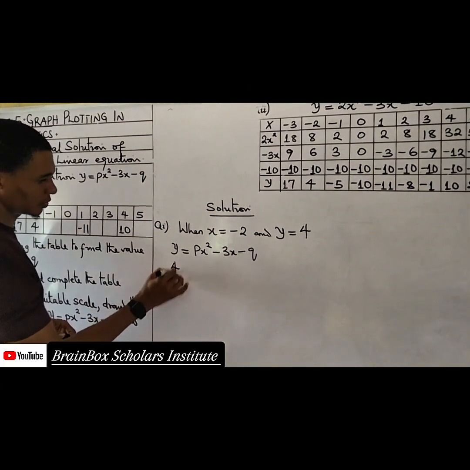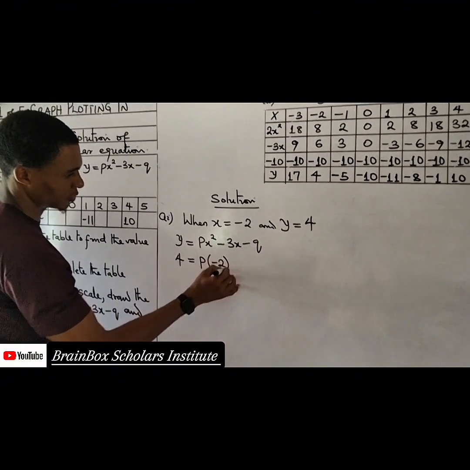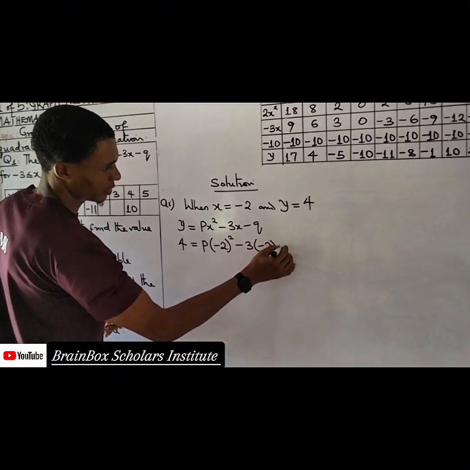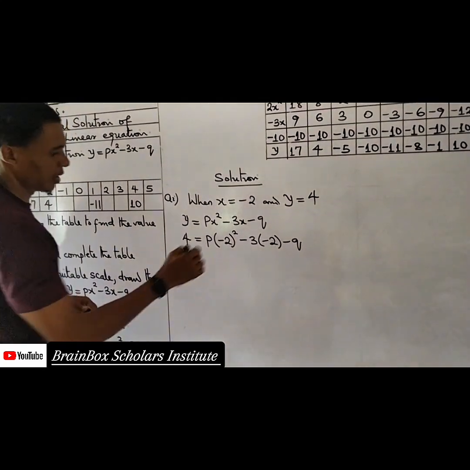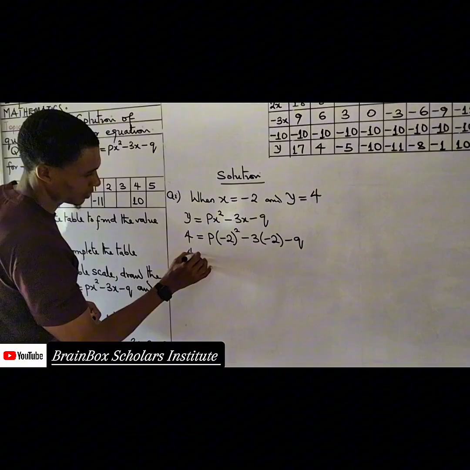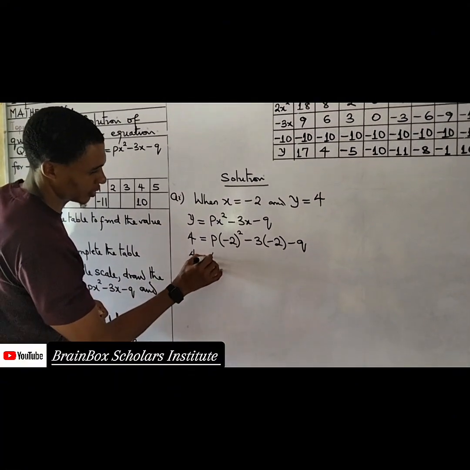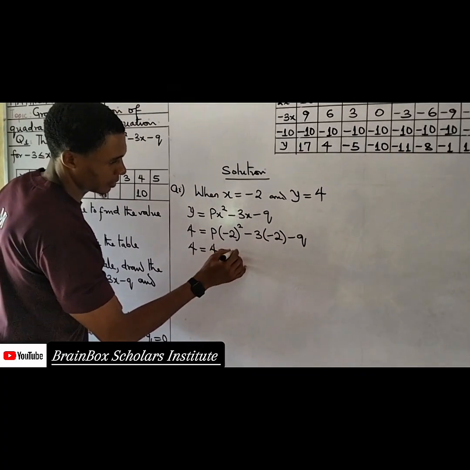Now what is y? y is equal to 4 and p bracket, what is x? x is minus 2 squared. Then minus 3 bracket minus 2. Then minus q. Okay, so I'm going to have 4 is equal to minus 2 squared is 4, so 4 times p is 4p. Minus 3 times minus 2 is plus 6, right?